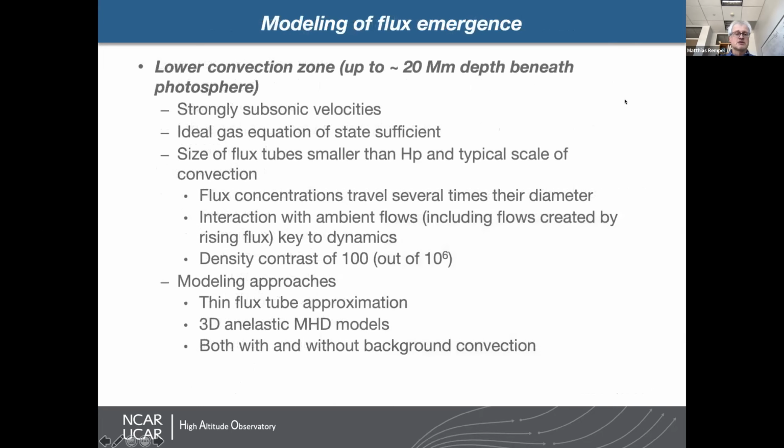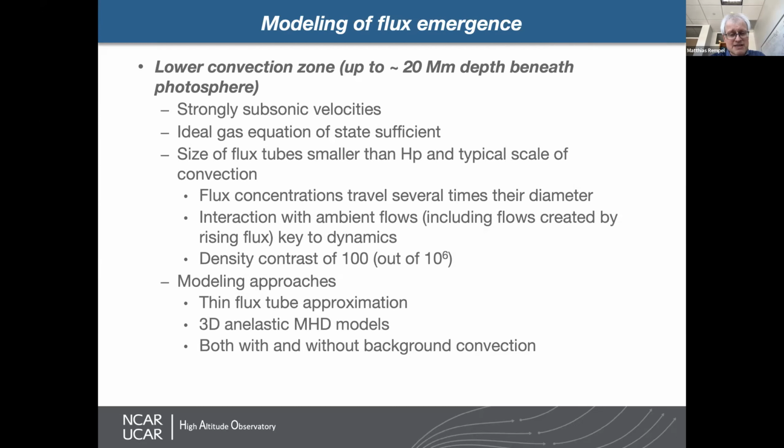Okay. So when we want to model flux emergence, there is a difference between the deeper part of the convection zone and the upper layers. Here I roughly draw the line at 20 megameters depth, but it's not a very strict discriminator. When you deal with the deep convection zone, you have mostly subsonic flows.